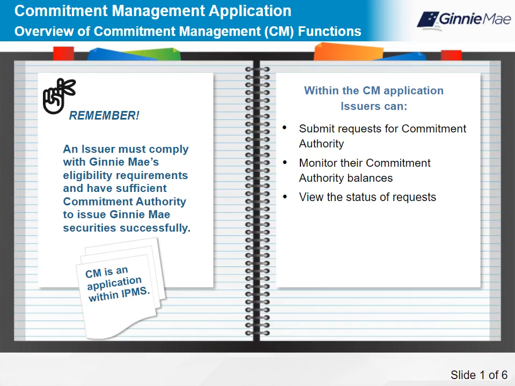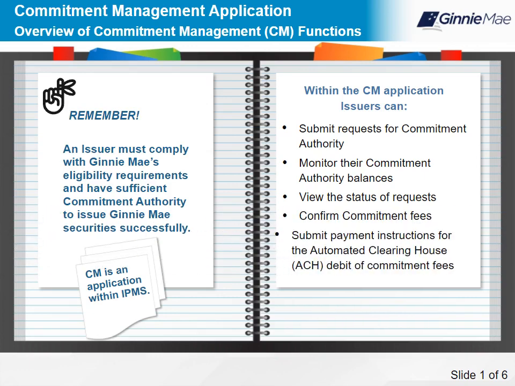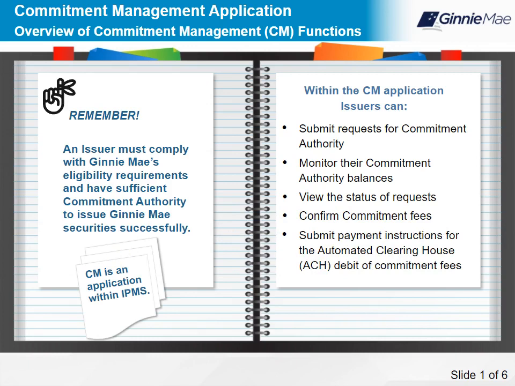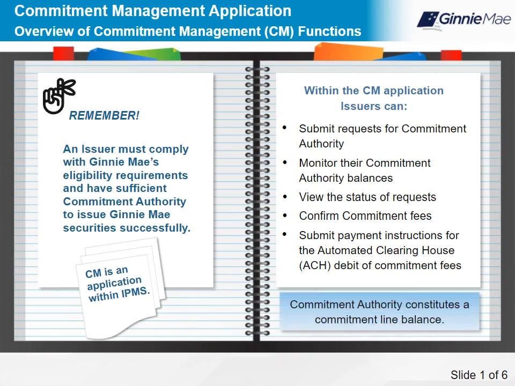Issuers can also confirm commitment fees and submit payment instructions for the ACH, Automated Clearinghouse, debit of commitment fees. Commitment authority allows an issuer to issue up to an authorized dollar amount of securities and constitutes a commitment line balance. Please note, the CM application replaces the manual submission of documents and submission of fees via www.pay.gov. Select Next to continue.